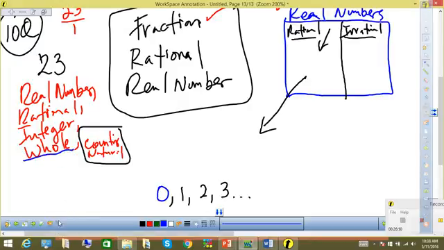Are we there so far? From there, when you got to fourth grade and they started introducing negative numbers, such as -1, -2, -3, so basically the opposites of these, including 0, all of these are called integers. Are we there so far?